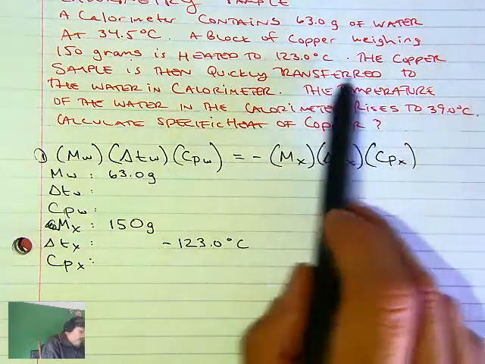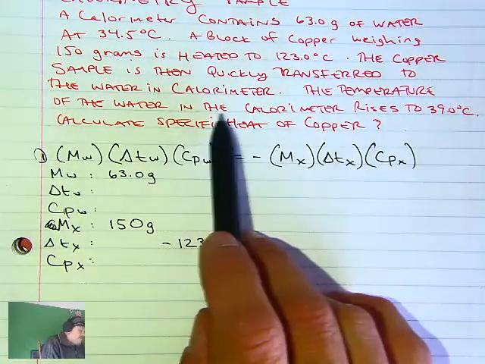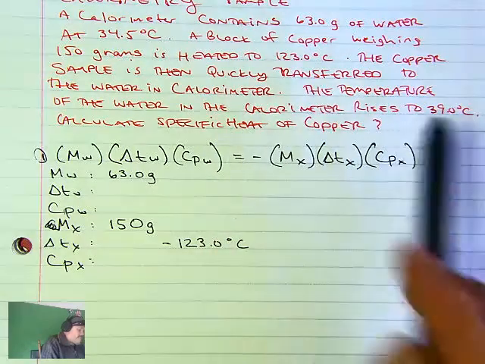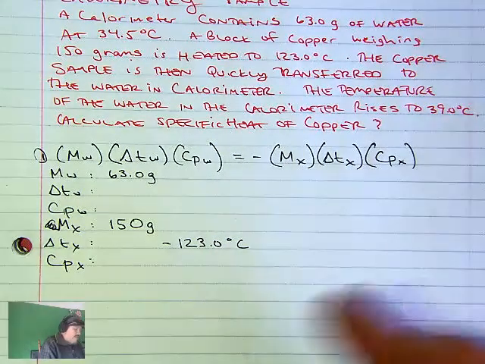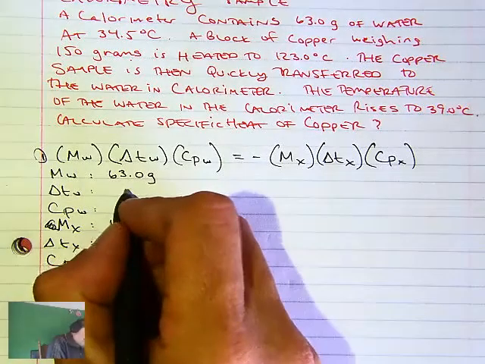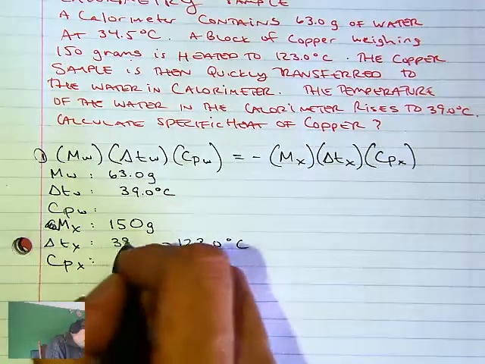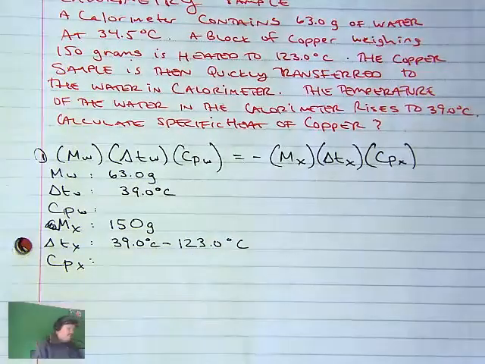Let's continue reading. The copper sample is then quickly transferred to the water in the calorimeter. The temperature of the water in the calorimeter rises to 39.0. The final temperature of the calorimeter, which in this case is 39.0, is also the final temperature of the metal because they're together.